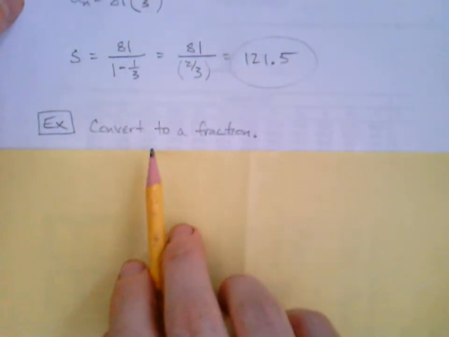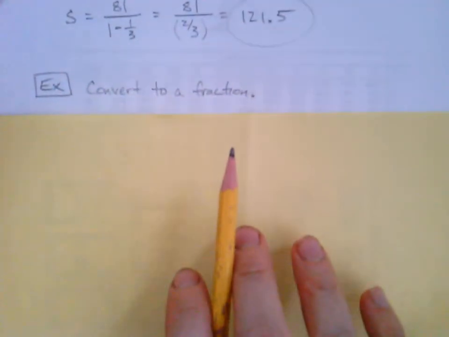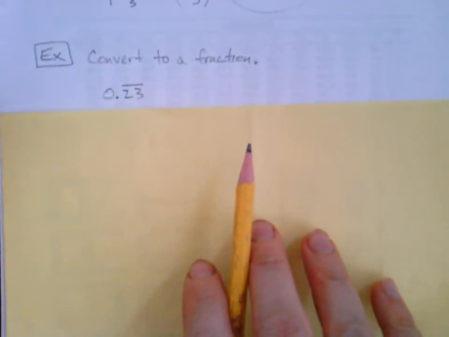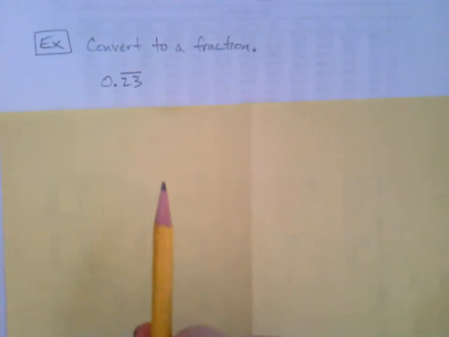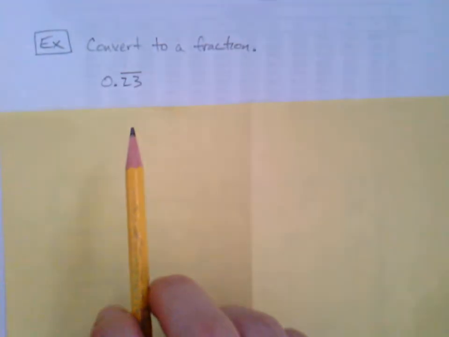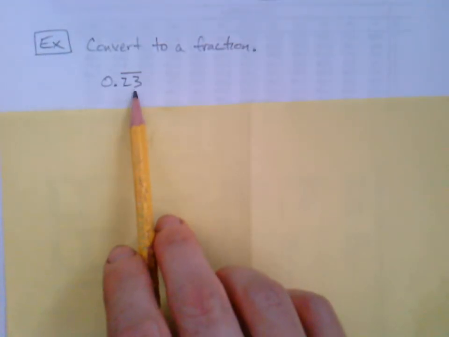But I want to get to this interesting example. Convert to a fraction. We can use that formula for the geometric series to turn these infinitely repeating decimals into their fractional form.